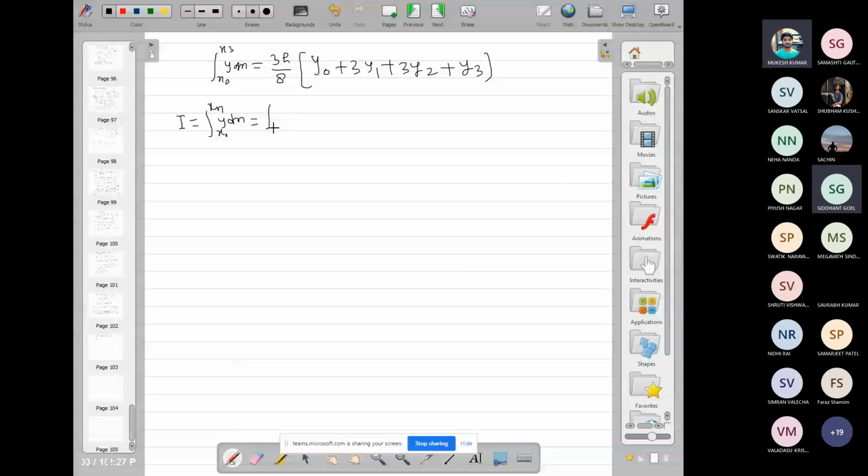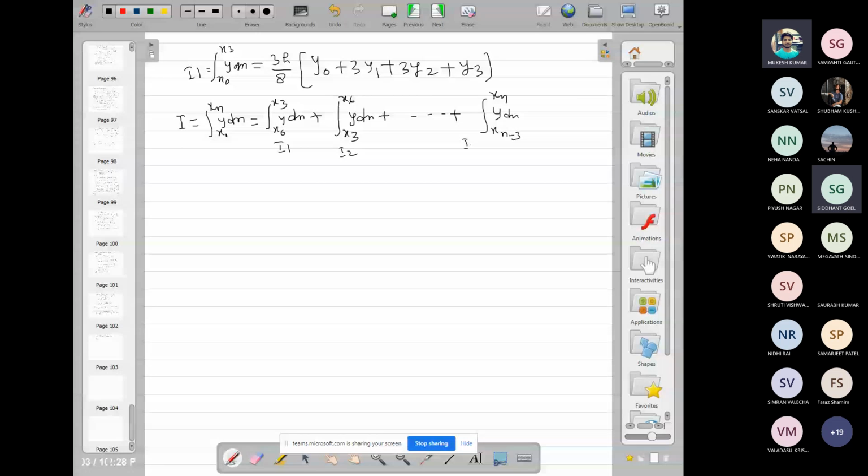In a similar way, suppose this is I1, this is I2, and this is In. Then I2 is equal to the integral from x3 to x6 of y dx.